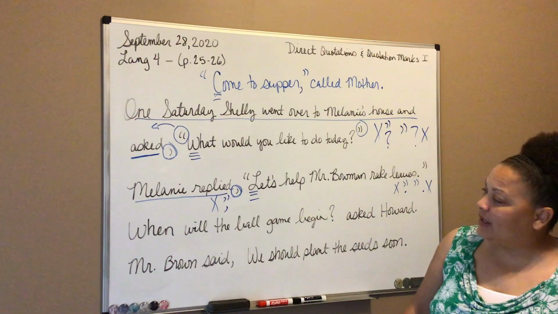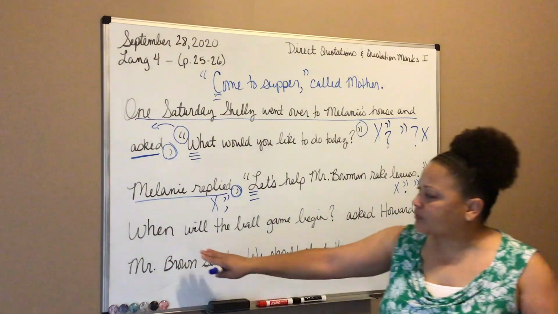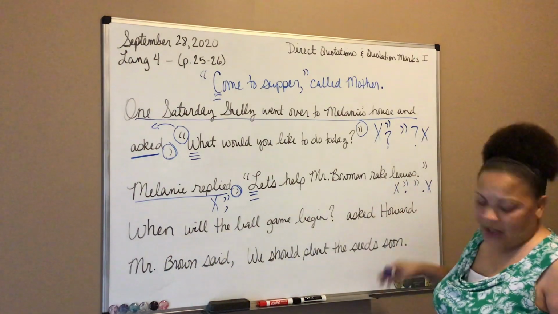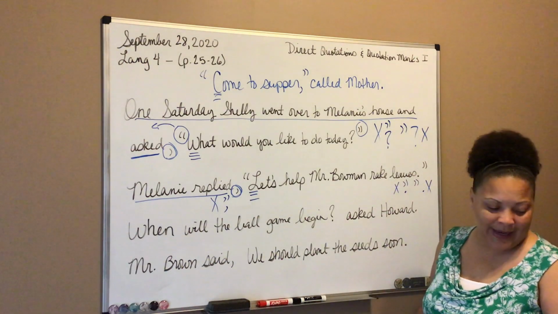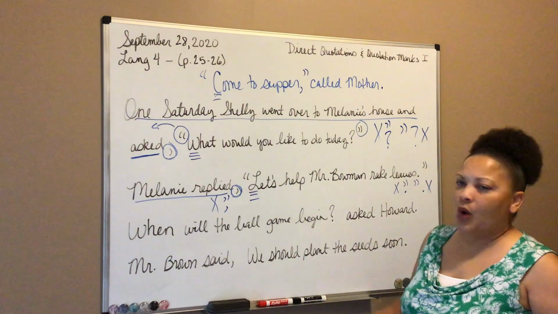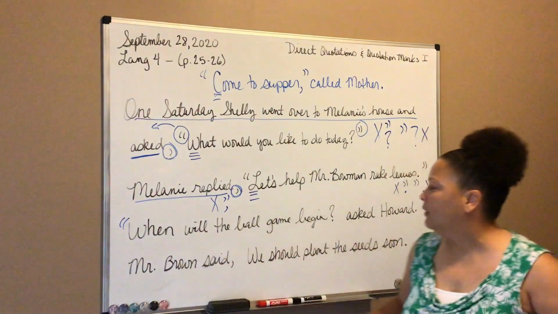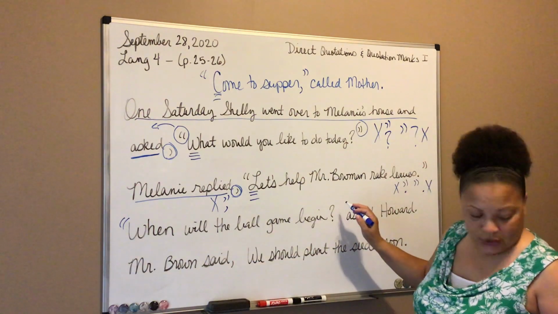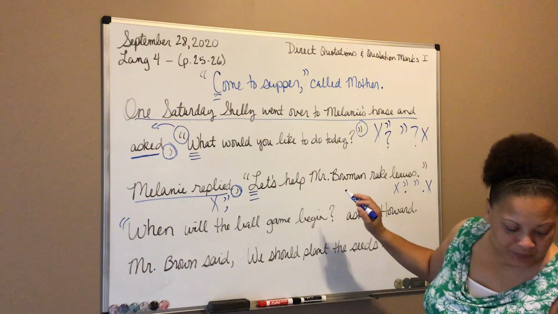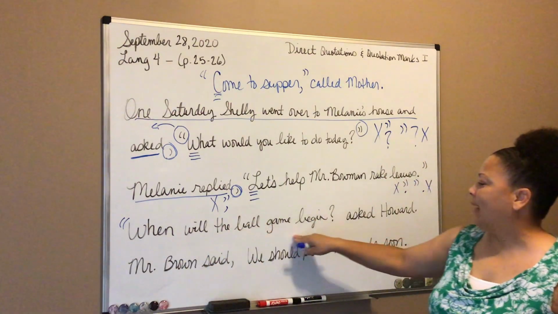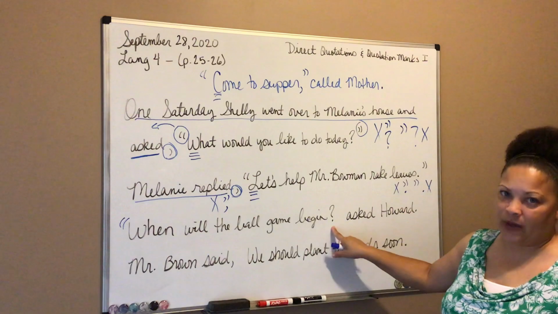All right, so the example for that section, we have one here. It says, when will the ball game begin? Asked Howard. That is your first sentence for think A. Okay, so you have quotation marks here before when, and then you have quotation marks that are missing. When will the ball game begin? Notice this is a question mark.